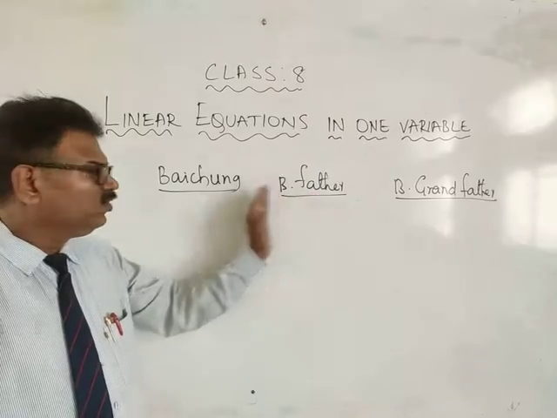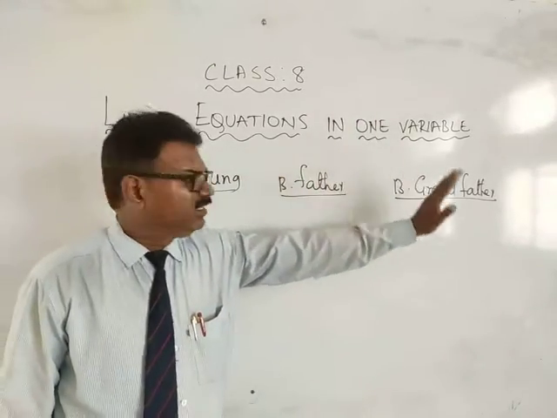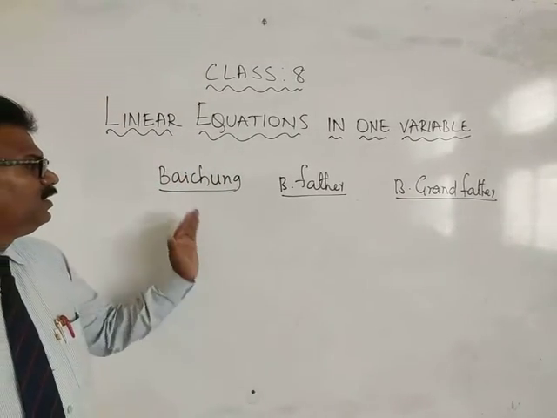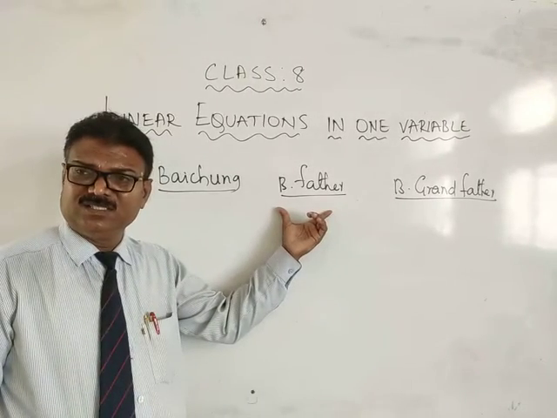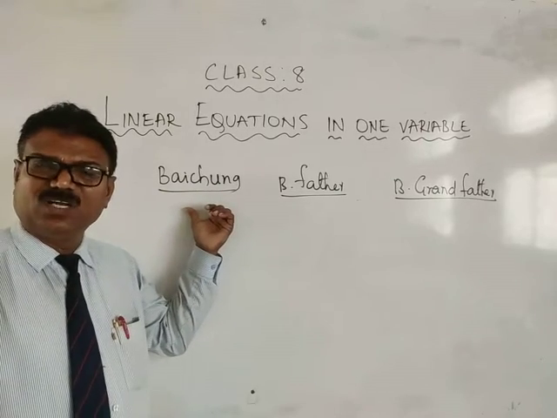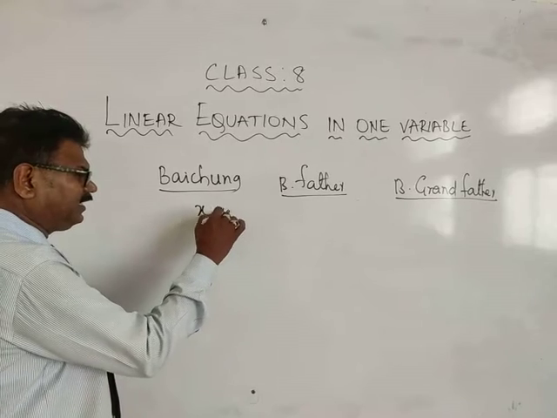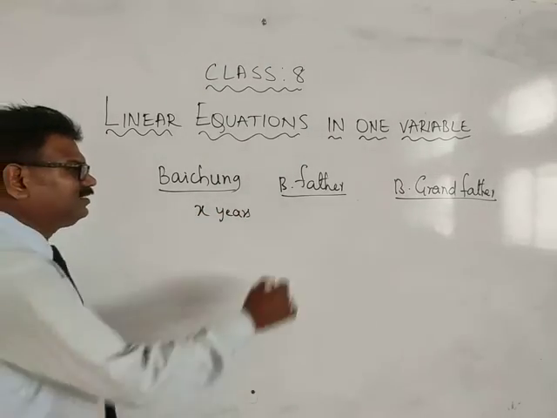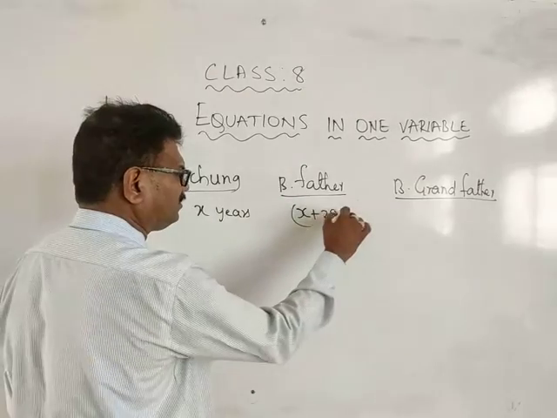One is Baichang, his father, and Baichang's grandfather. How are they related? Baichang's father is 29 years older than Baichang. Therefore, let Baichang be x years. What about the father? X plus 29 years.